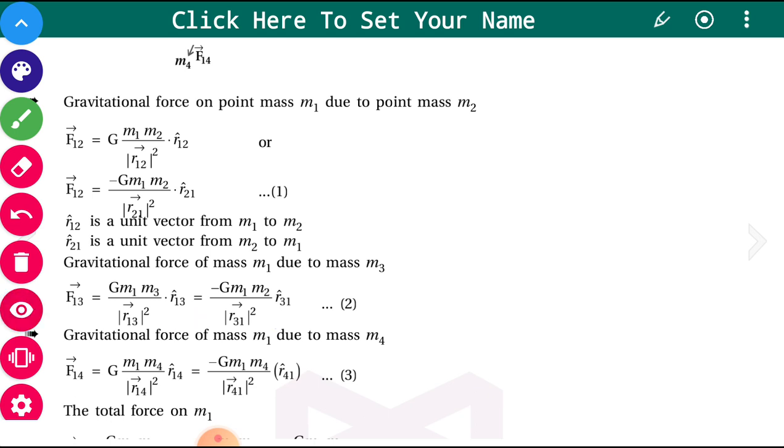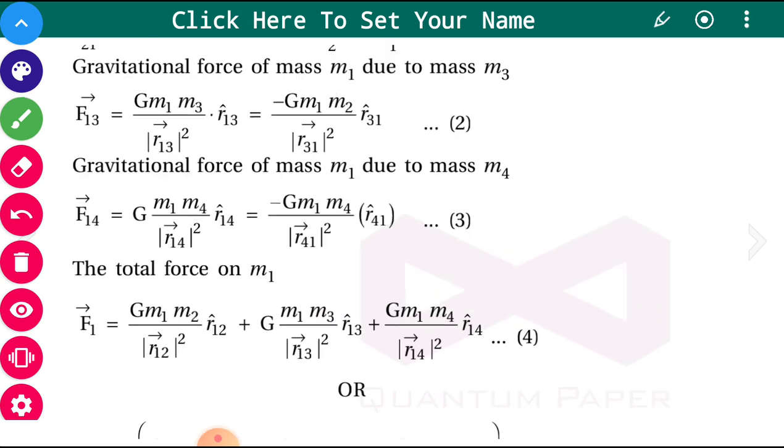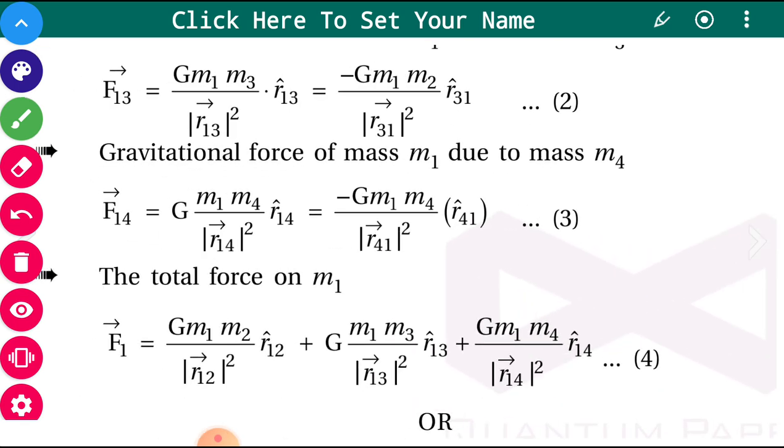Similarly, the force on 1 by 4, that is F14, is G m1 m4 upon the magnitude of r14 squared into r14 cap, or if you reverse it to r41, then the minus sign is kept.